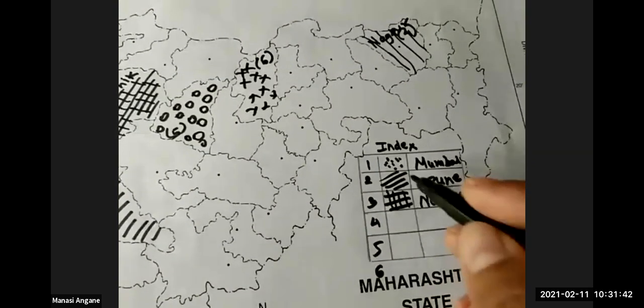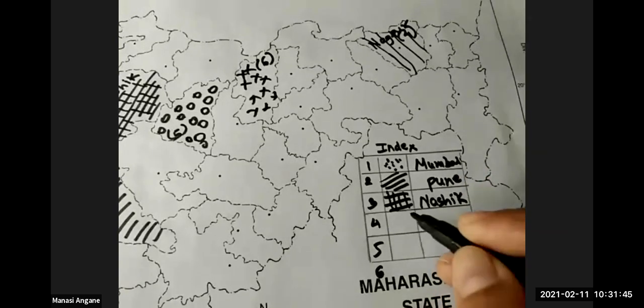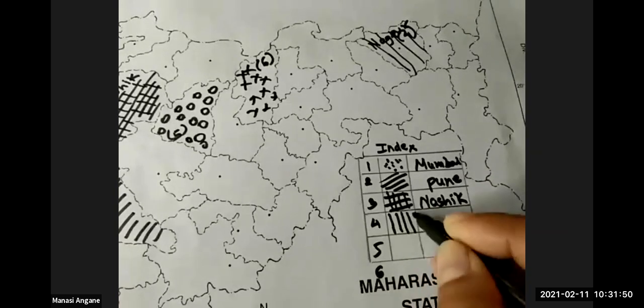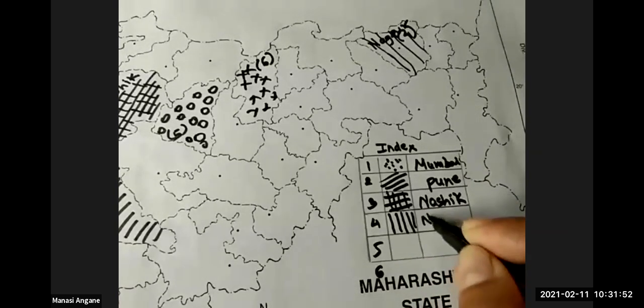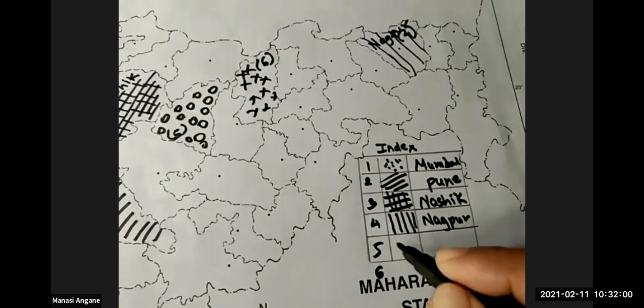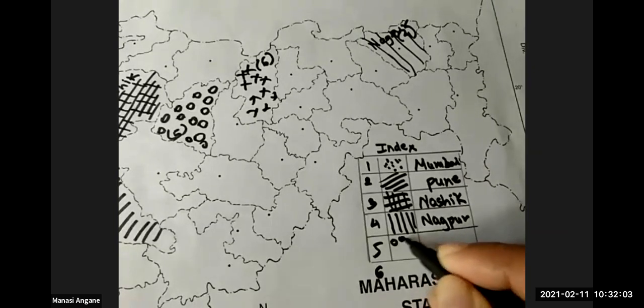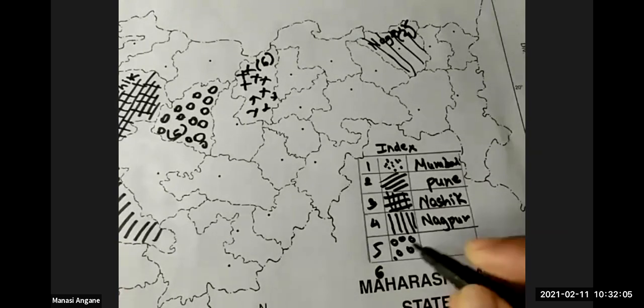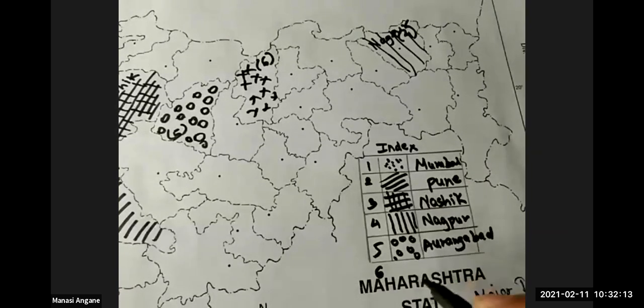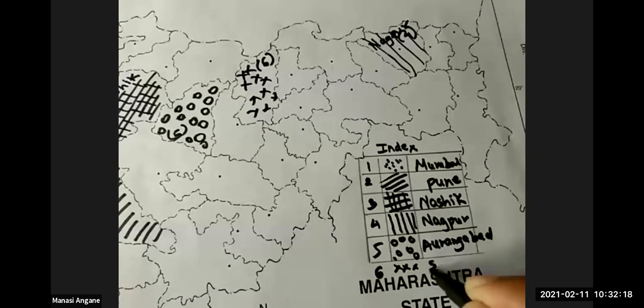Then the fourth pattern, we have taken straight vertical lines. This is your Nagpur. Then the fifth pattern, we have taken some rounds. Fifth was asked Aurangabad. And the sixth pattern, it is Shegaon, we have taken crosses.